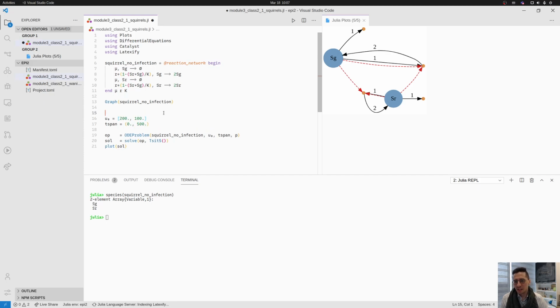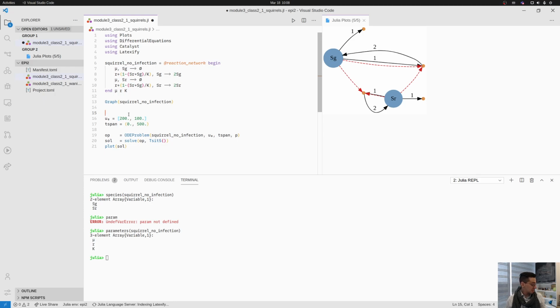And then we need to set some parameters for the model, in order: mu, r, and k. So mu is a rate of mortality. One way to think about that is how long does it take for an individual to die on average.